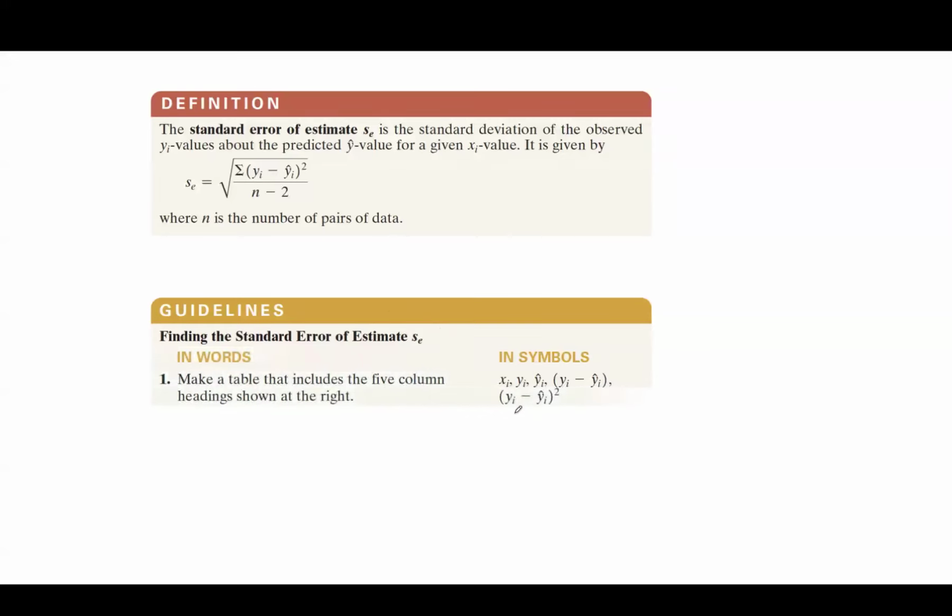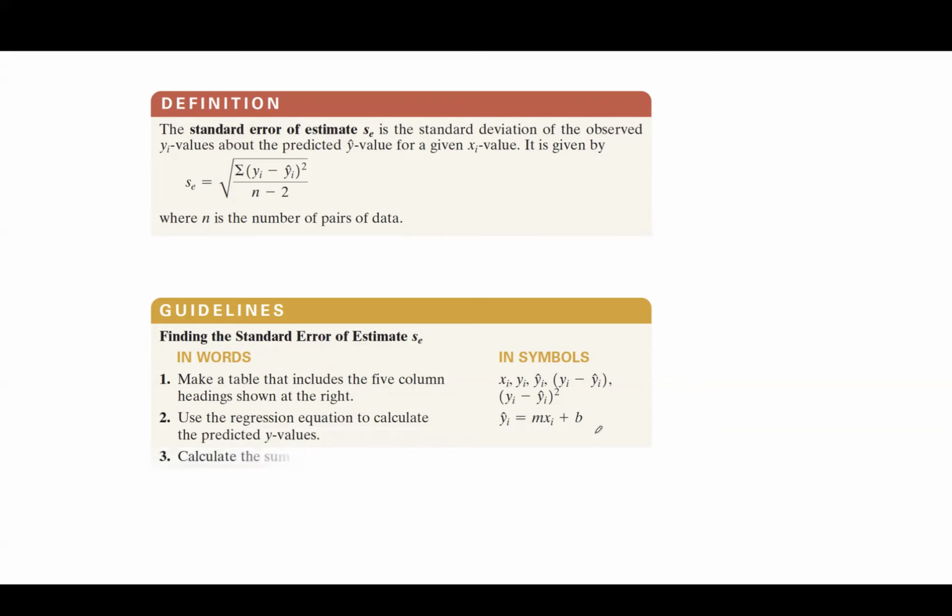And in the last column, calculate yi minus yi hat to the second power. Use the regression equation to calculate yi hat, which is m xi plus b.